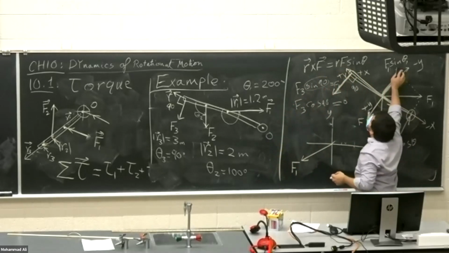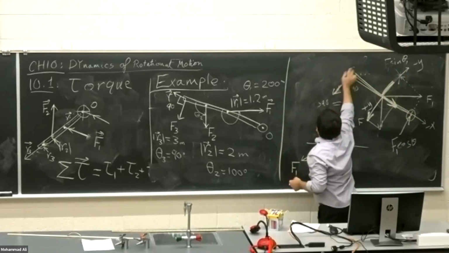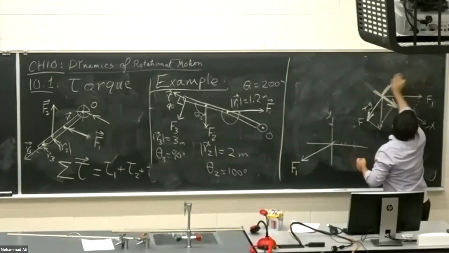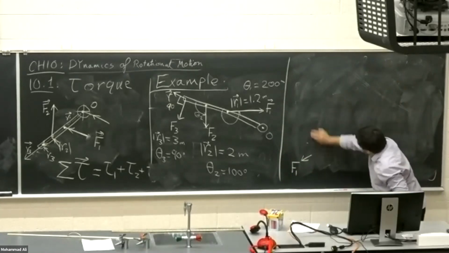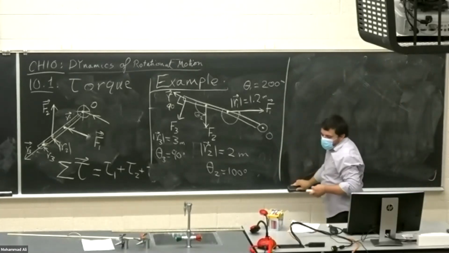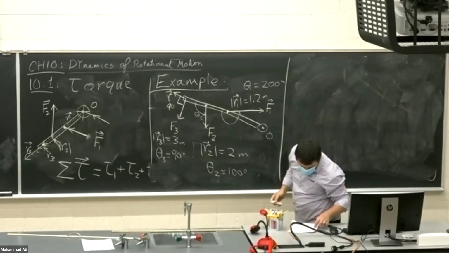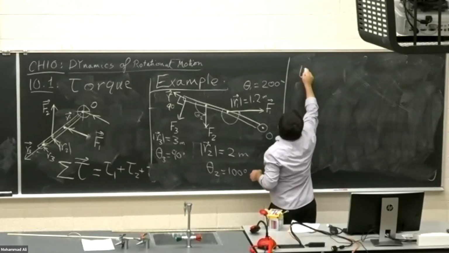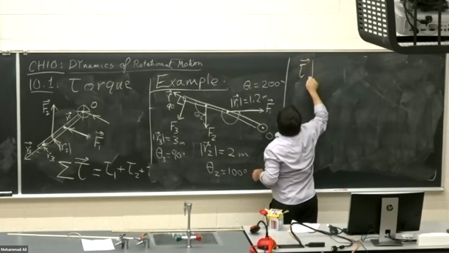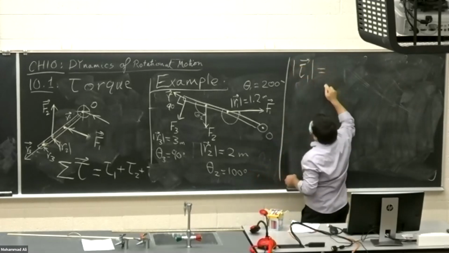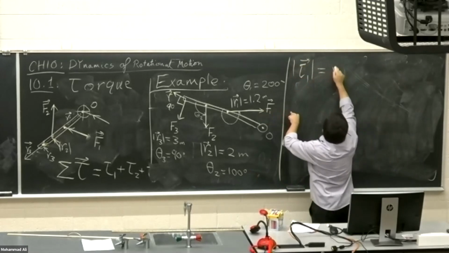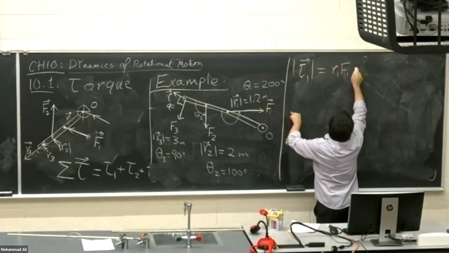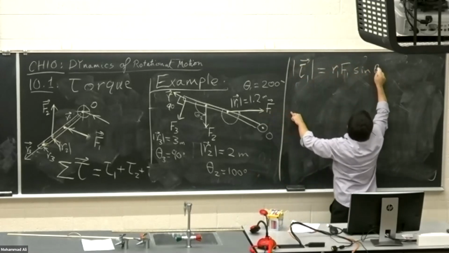Now we will solve for tau 1, tau 2, and tau 3. Okay, tau 1 as a magnitude. I will not talk about the vector property of it. It is R1 F1 sine theta 1.